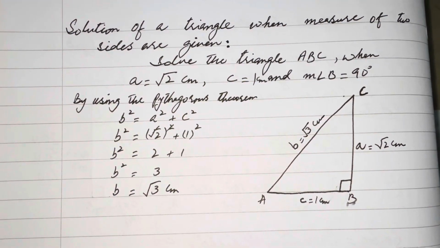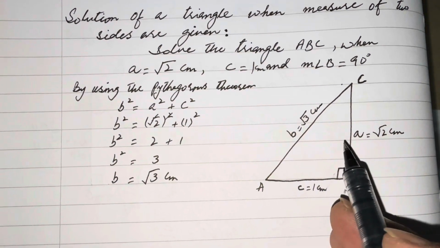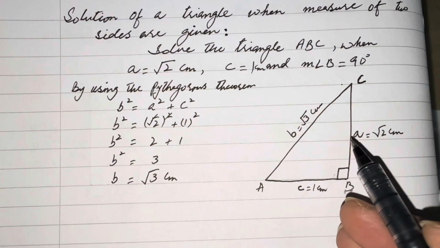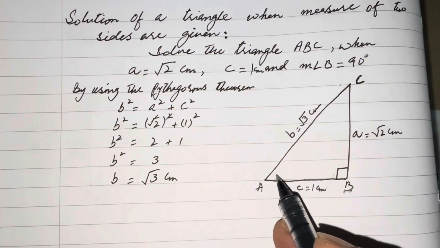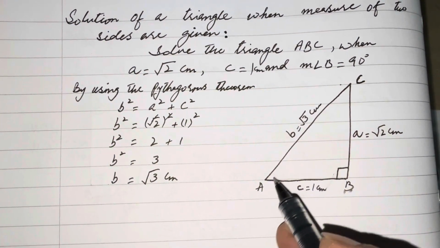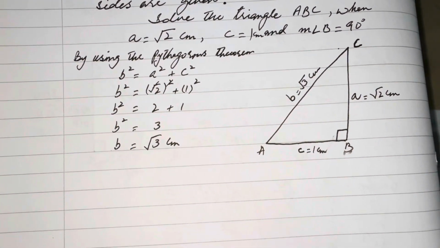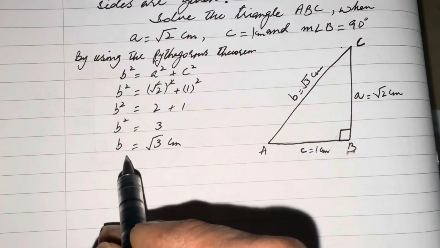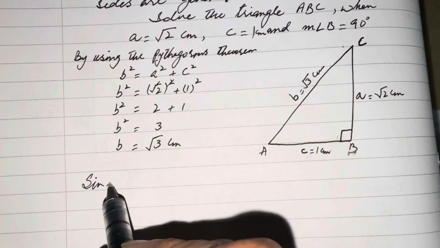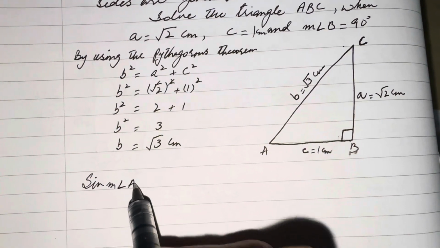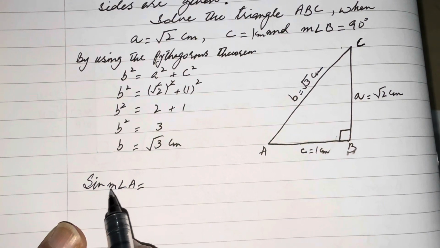We can use any of the trigonometric ratios, sine, cos, or tangent, to find the measure of angle A and measure of angle C. So let's suppose sine of angle A is equal to, what is the trigonometric ratio of sine?